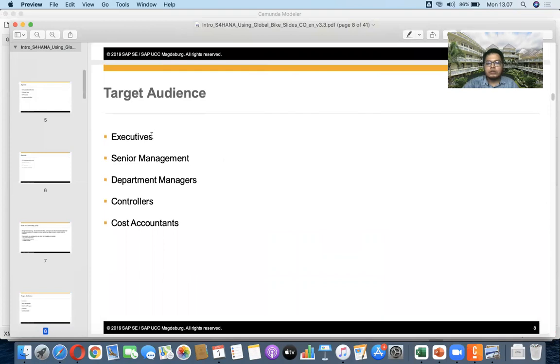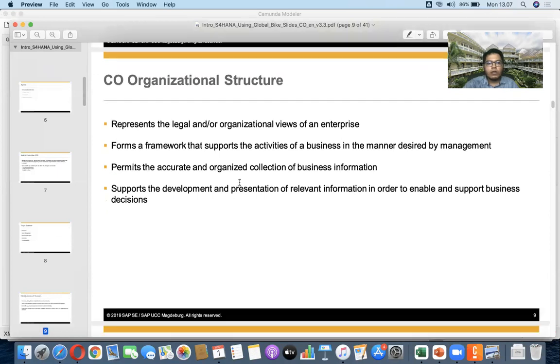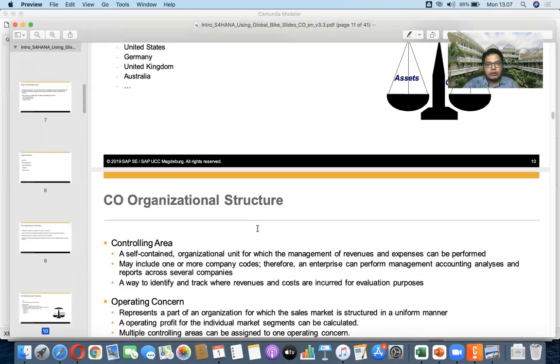The audience is mainly executives, senior management, department managers, controllers, and cost accountants. So basically the decision makers and also the accountants. Now the structure. Client and company are similar.